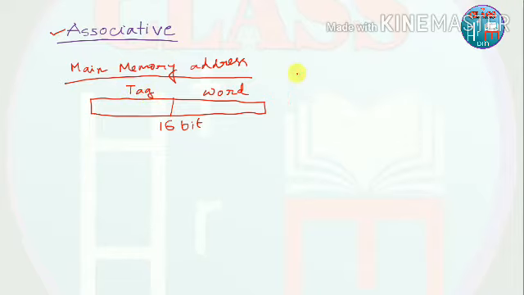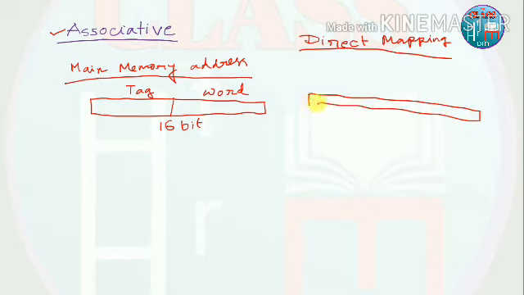If we talk about the direct mapping that we discussed previously, we already discussed that the main memory address total size will be 16 bits, but it will be divided into three fields.